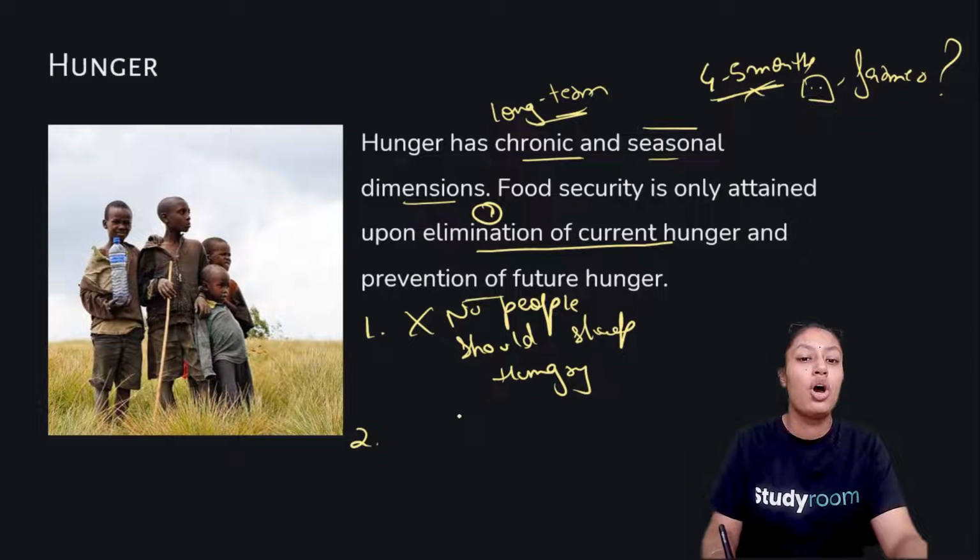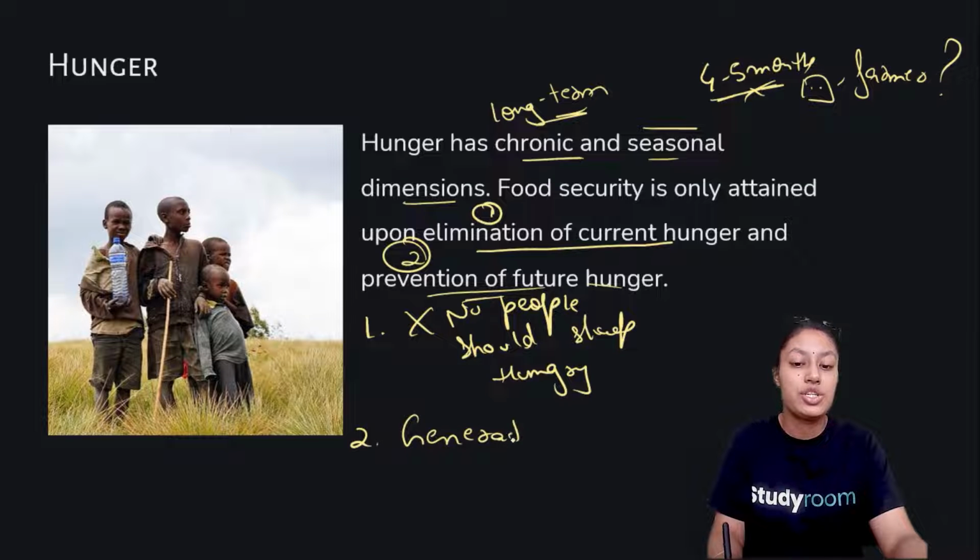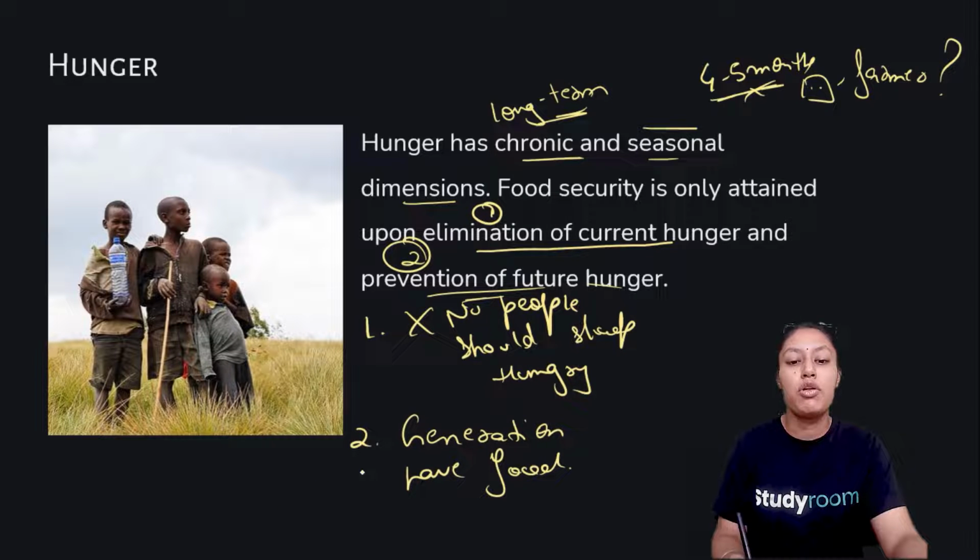Second, make sure that future generations have food. That is prevention of future hunger. Making sure that people of the coming generation have food. So what pattern can be followed for this?